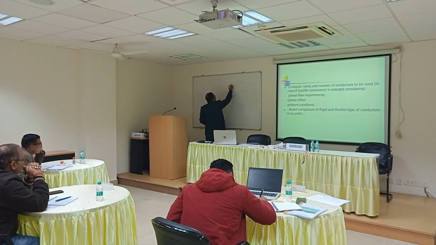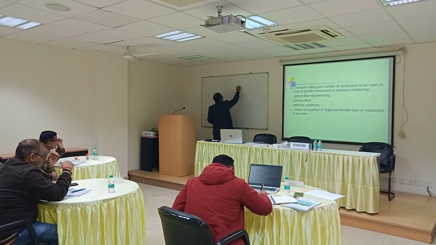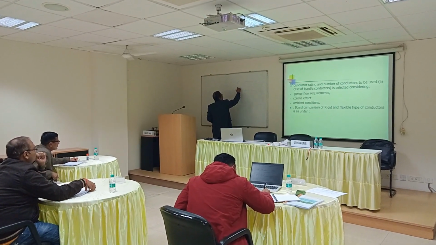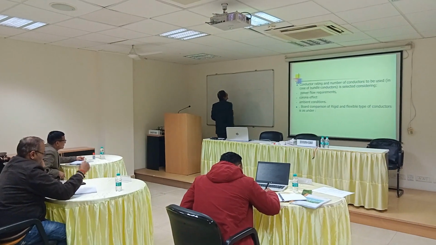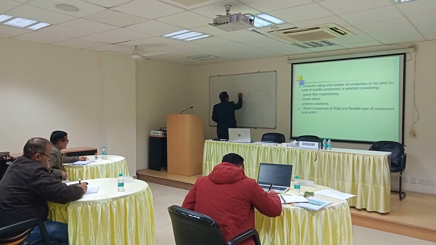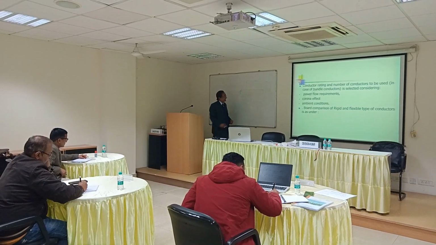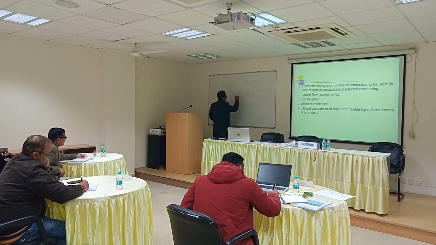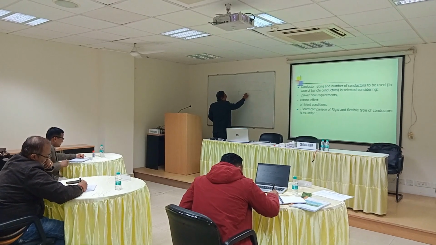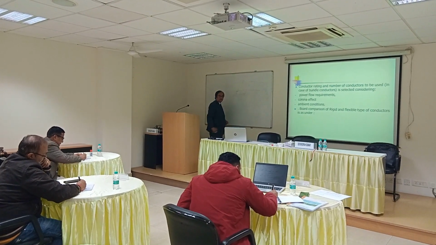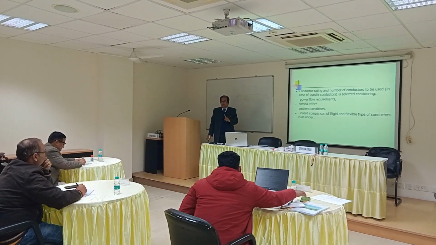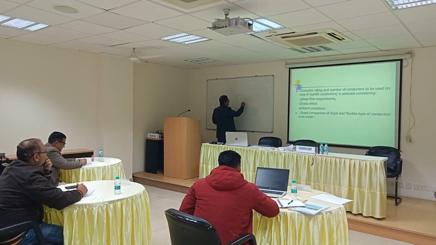So we have to provide this disc insulator and hang this. The voltage of this is 245 divided by root 3. Then divided by 11, it is 12.8. It means minimum 13 disc insulators.